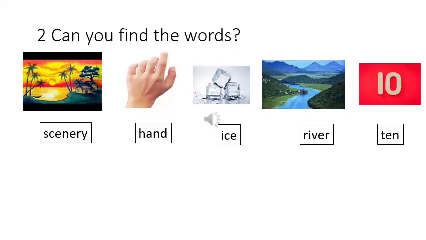Now what you have to do? You have to remove the first letter of each word. You have to remove S from scenery, H from hand, I from eyes, R from river, and T from 10. So which are the 5 letters that you have removed?